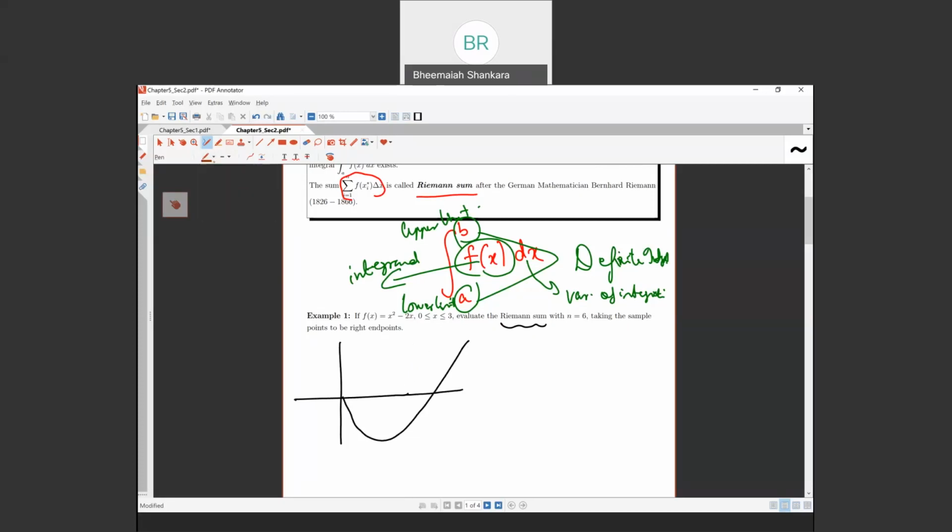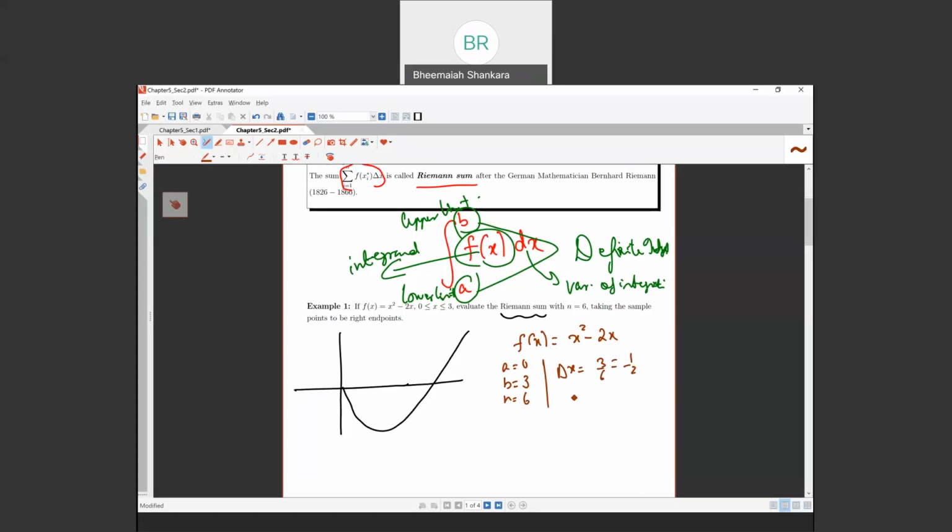So first let me write the function f of x, which is x squared minus 2x. You're given a is 0, b is 3, and you're also given n is 6 because you want 6 rectangles. So let's calculate delta x using all these three values. We have 3 divided by 6, which is 1/2.